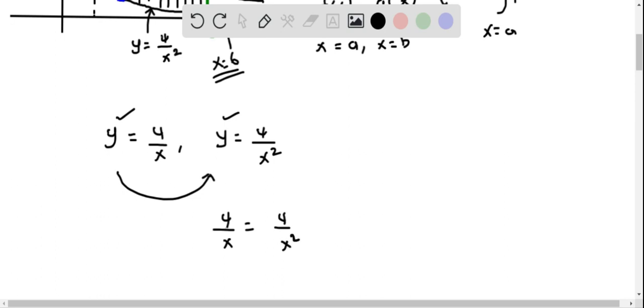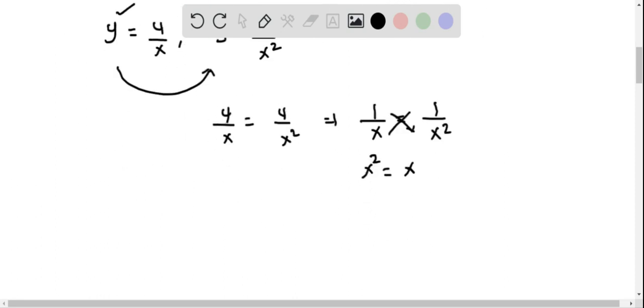Now we divide both sides by 4, so we get 1 over x equals 1 over x squared. We can do the cross multiplication here, so we get x squared equals x. Now I subtract x and do the factoring. So I get x squared minus x equals 0, and factoring, x times x minus 1 equals 0.